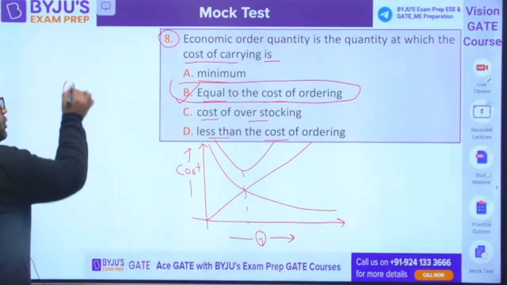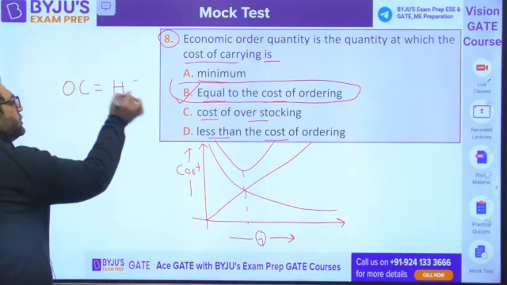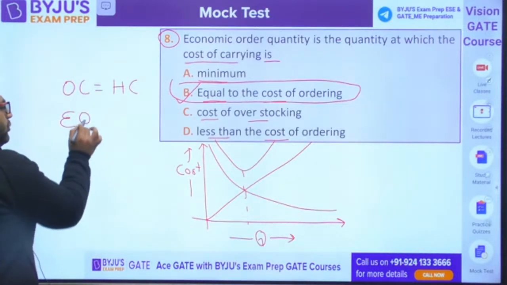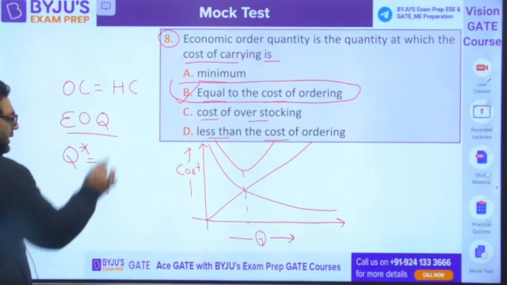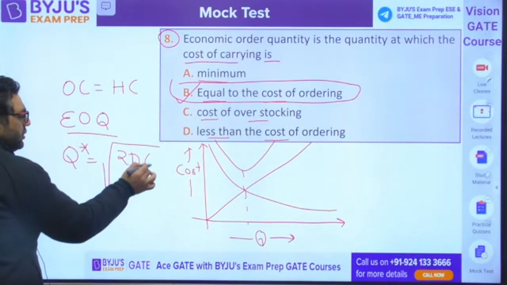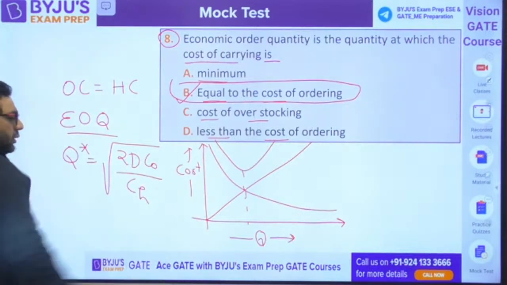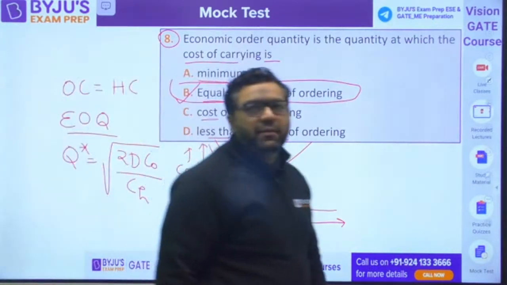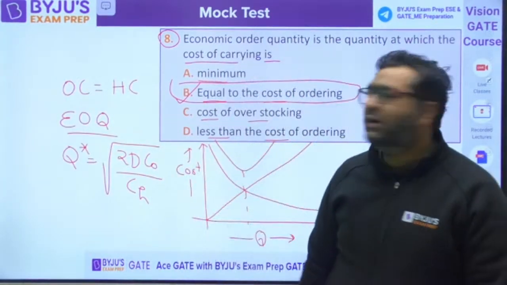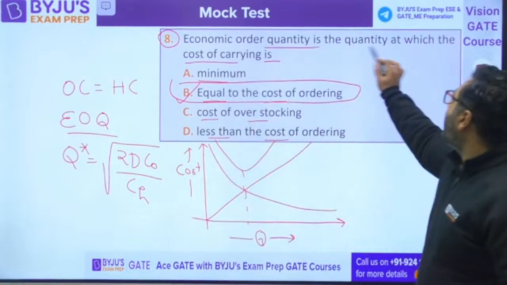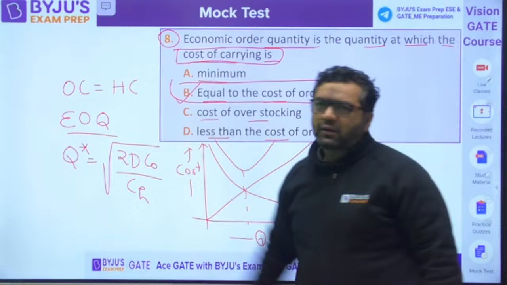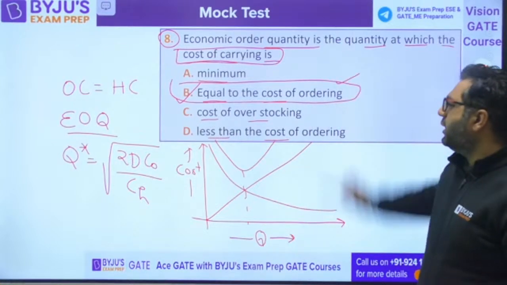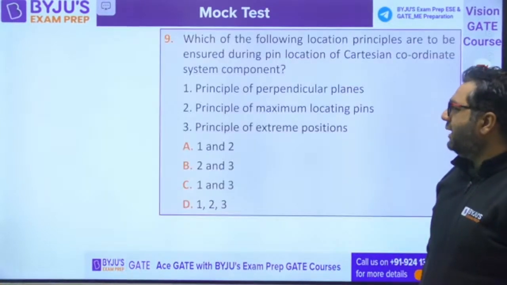When we are having ordering cost equals to holding cost, then we are going to get economic order quantity, and the formula for that also you have calculated as square root of 2DC0/CH. Yes or no? Everybody remember now? B would be the right answer. What they are saying, economic order quantity is the quantity at which the cost of carrying is equals to the cost of ordering. Moving to question number 9, guys.